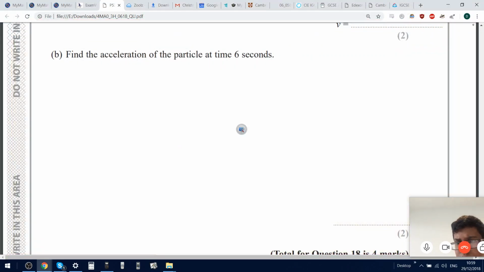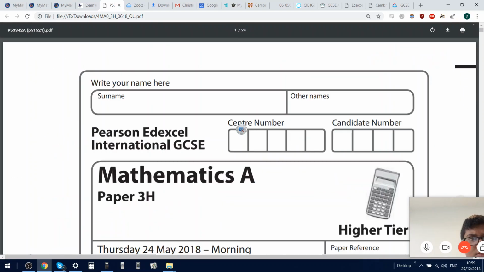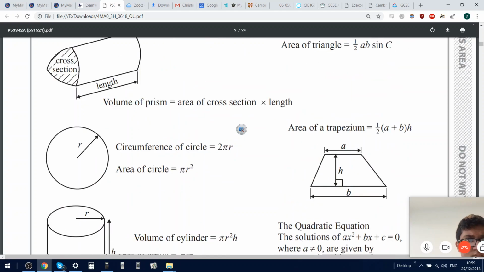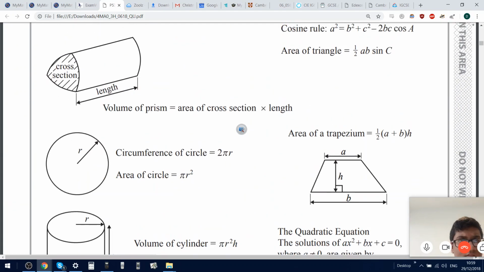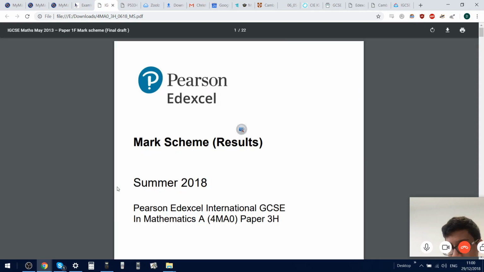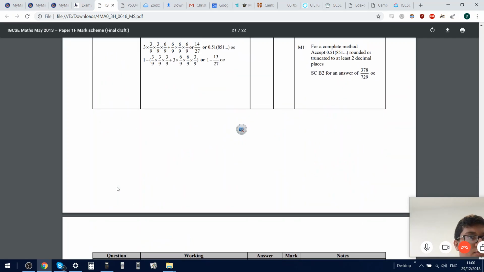So this is question 18. See what's given to you. Okay, so they don't give you those ones. So question 18, that's 21.